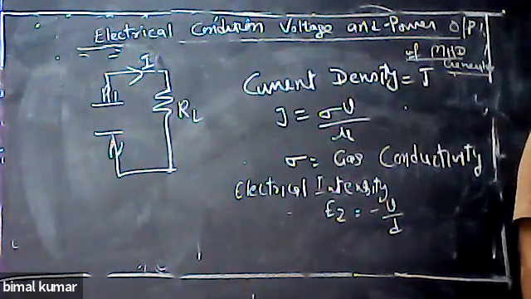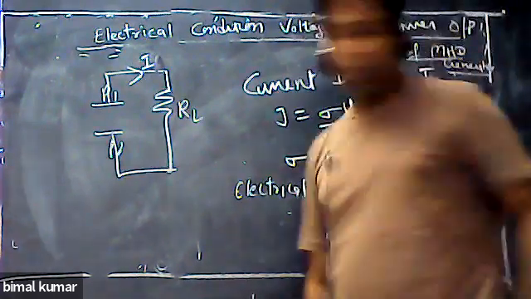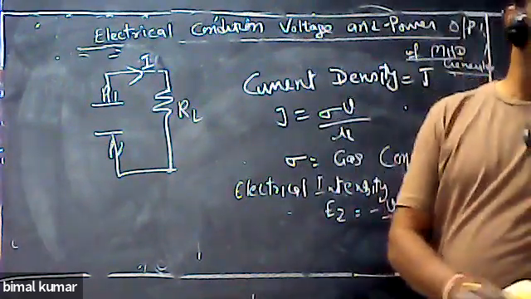The total electrical field Ez dash is equal to Ez plus Bu.